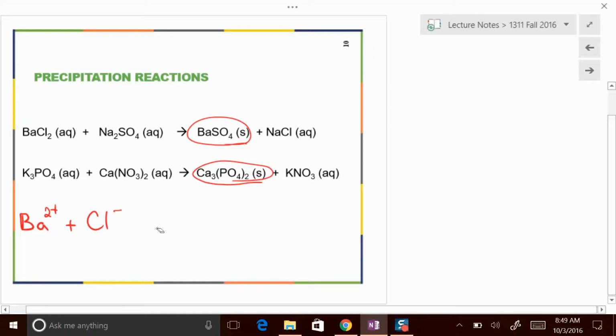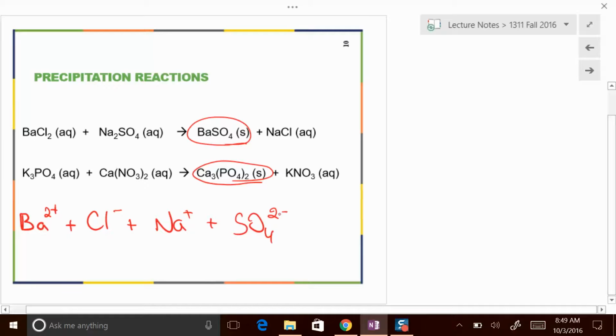Whoops, I'm getting ahead of myself. Plus sodium. What ion? Positive 1. Plus sulfate. You guys remember the charge of sulfate? Negative 2. Okay?